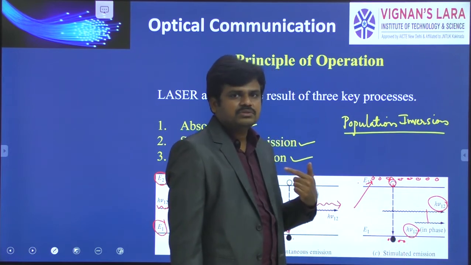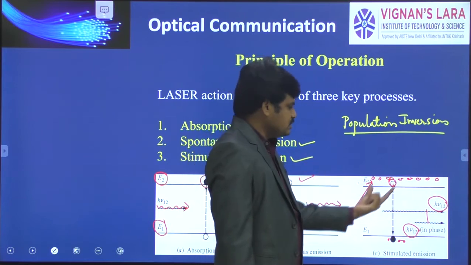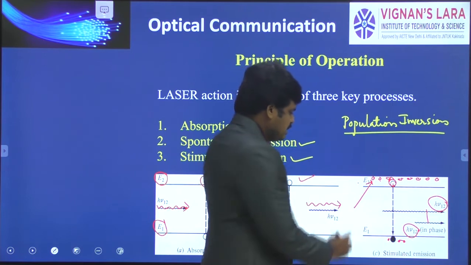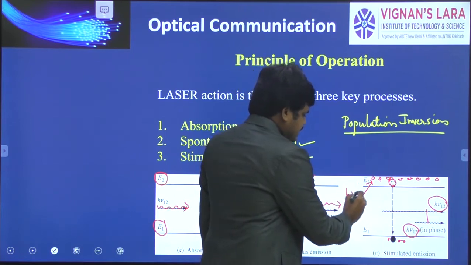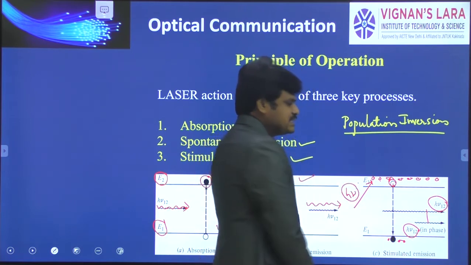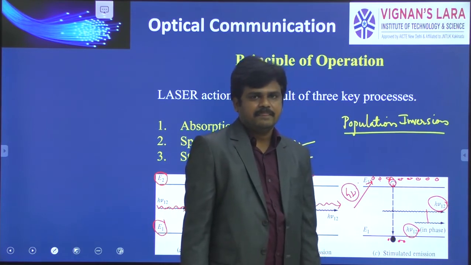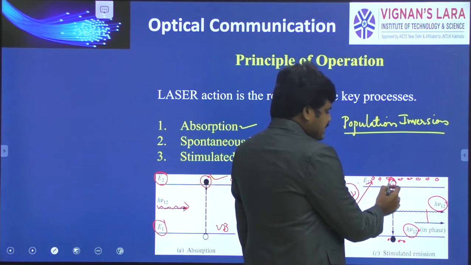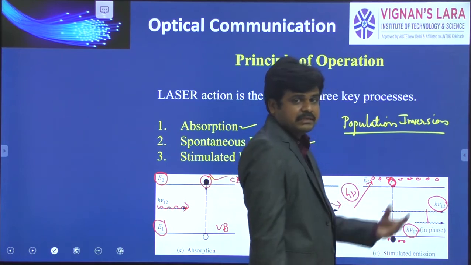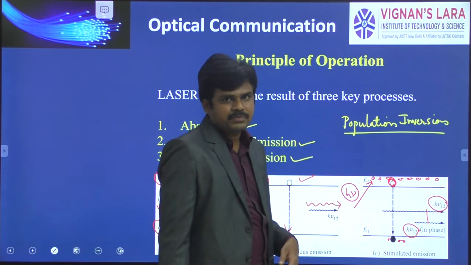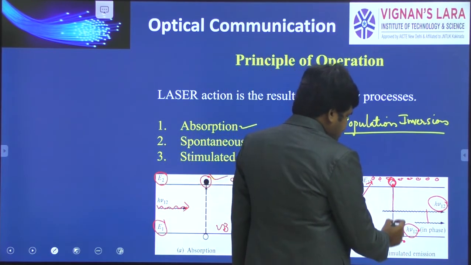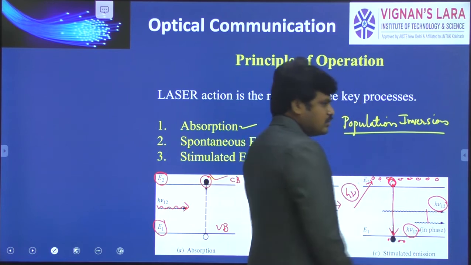So in order to make the electron jump from higher energy state to lower energy state, we are applying some energy again. The electron absorbs this energy. Here there is a process called absorption.